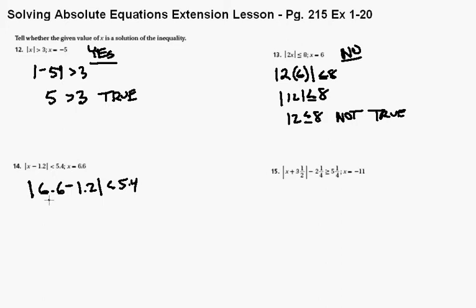Subtracting 1.2 from 6.6, I get 5.4. So the absolute value of 5.4, is that less than 5.4? Well, the absolute value of 5.4 is 5.4, and it's not less than, it's equal to. So this is not true.